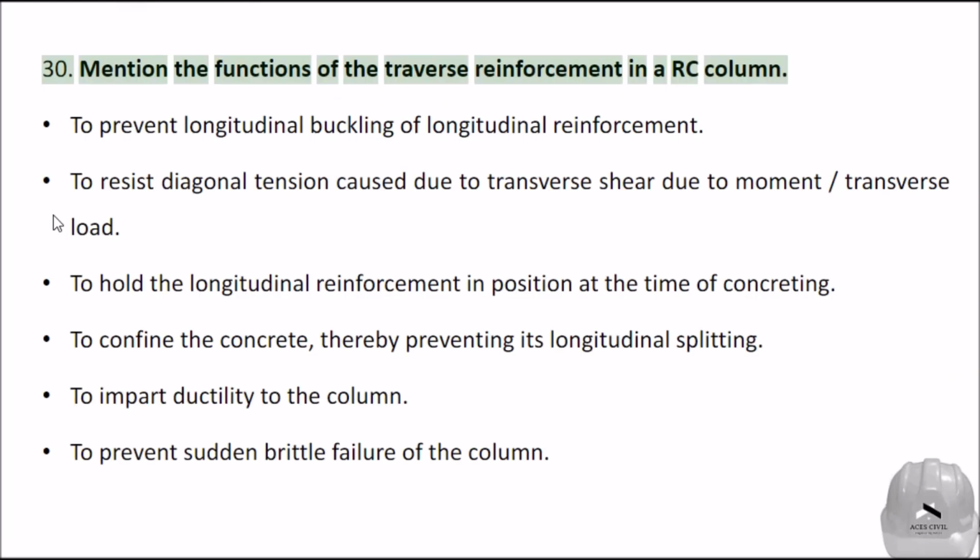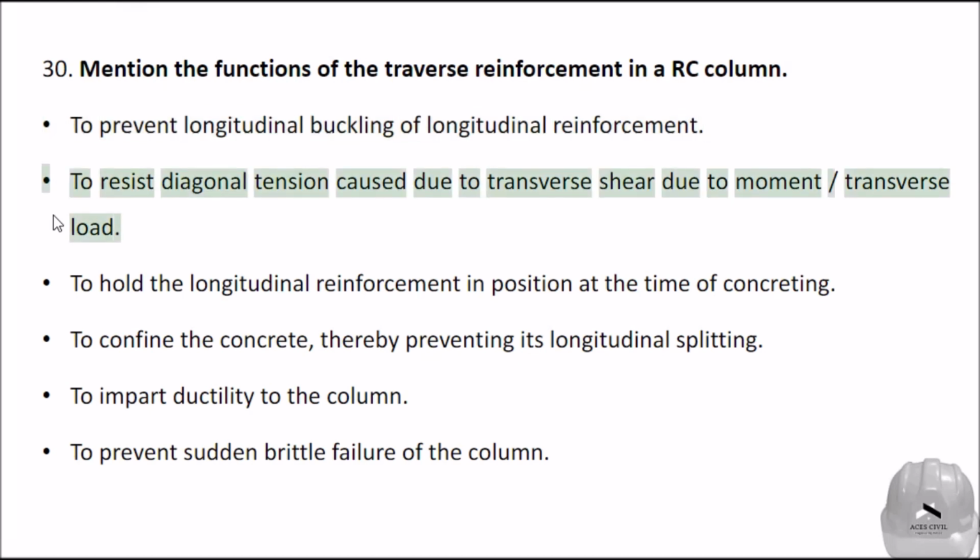Mention the functions of the transverse reinforcement in a column. To prevent longitudinal buckling of longitudinal reinforcement. To resist diagonal tension caused due to transverse shear due to moment or transverse load.